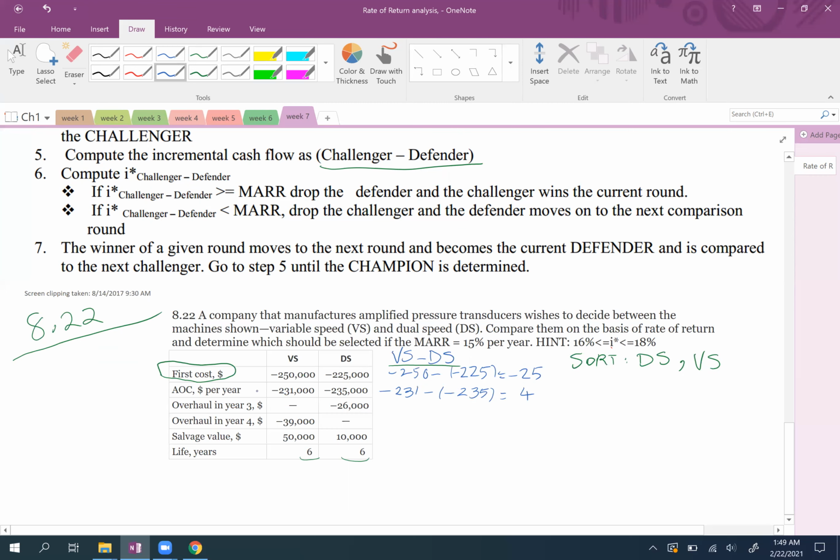When you don't have any overhaul cost, it means it's 0. 0 minus 26K will be 26. And it will be negative 39 here. And in here, it will be 50 minus 10, which will be 40.